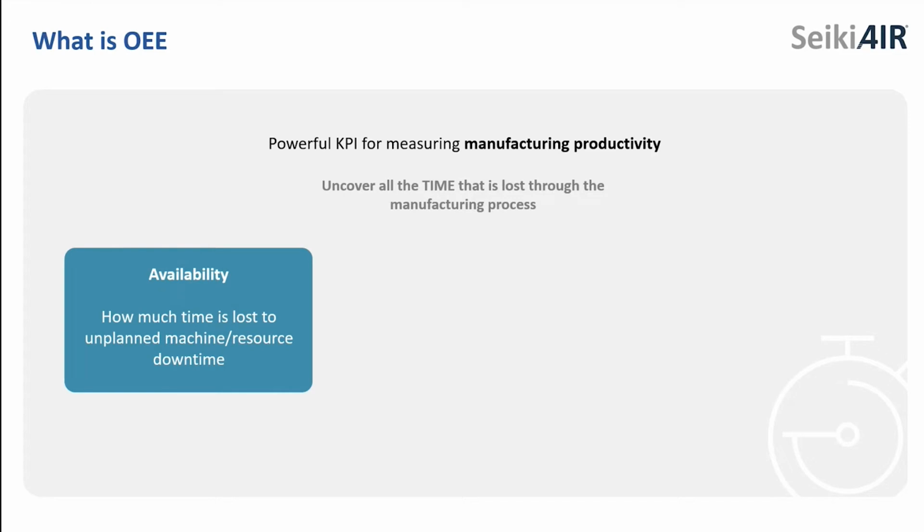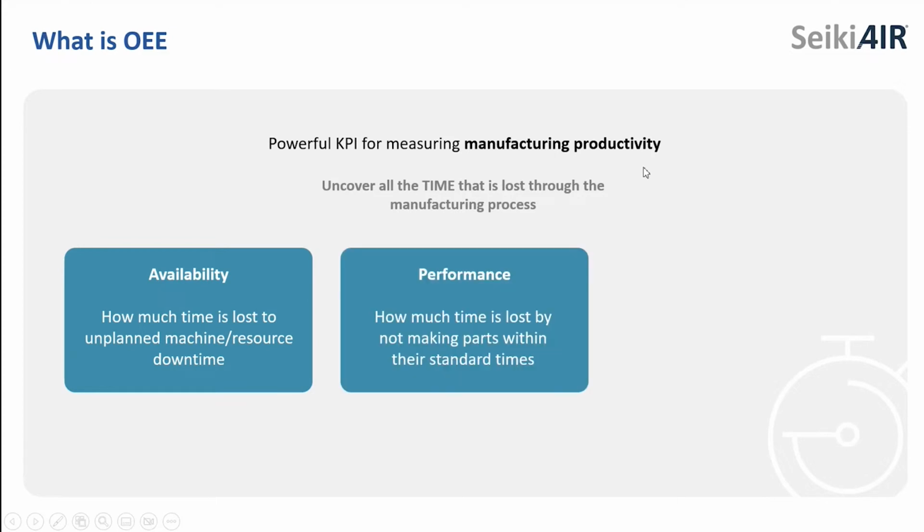Availability. So this is where we look at the machine or your resources that have been connected, and we're monitoring the status of those machines or resources, and we're looking for any unplanned downtime. So those bigger causes of productivity losses. We then take into account the performance factor, and this is now looking at your jobs and whether or not you're making them within the standard planned cycle times that you've defined for each of those operations.